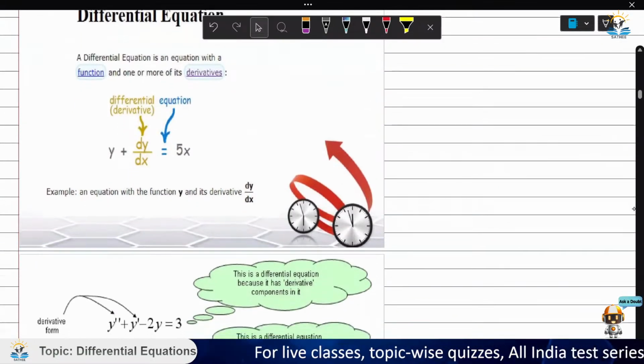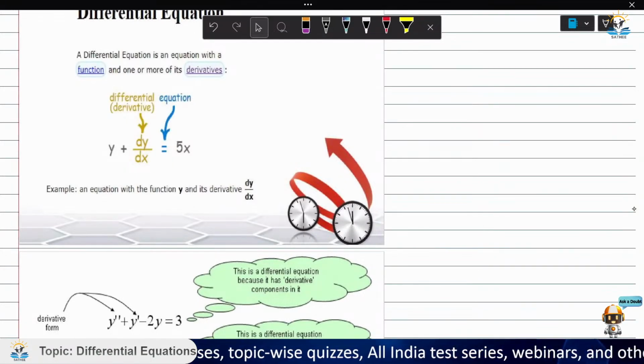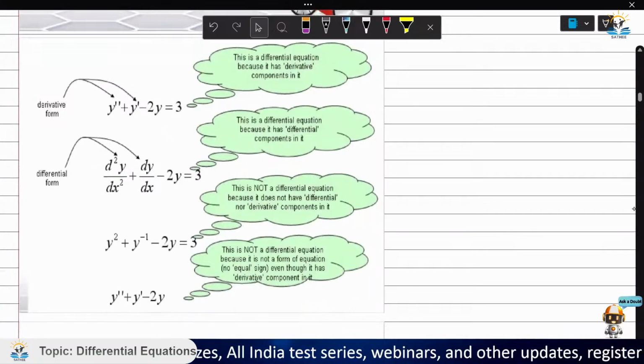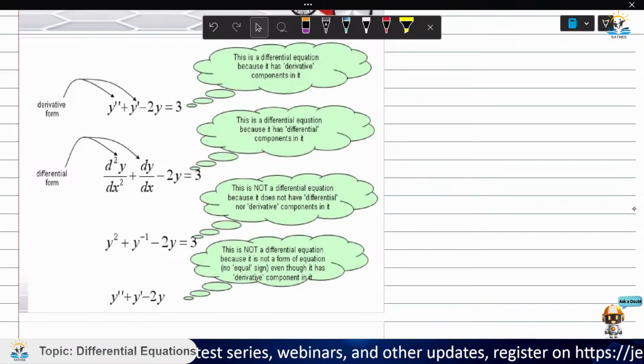See, we did an example back then, right? This is also an example of a differential equation because here we are linking dy/dx with its function y. Again, we can see further examples of what a differential equation looks like.